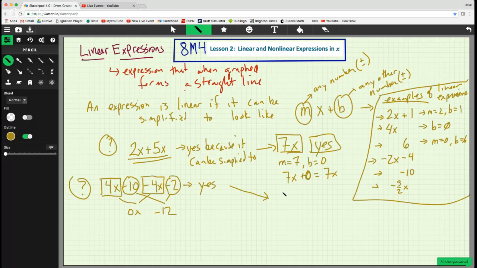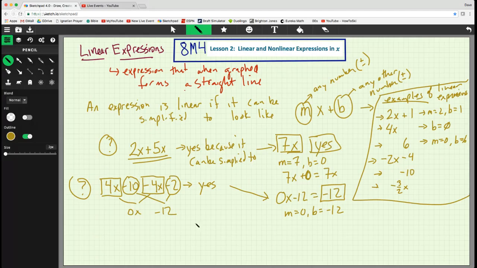So that's 0x minus 12, which is equal to minus 12, where m equals 0 and b equals minus 12. All right, hopefully you're getting the hang of this.